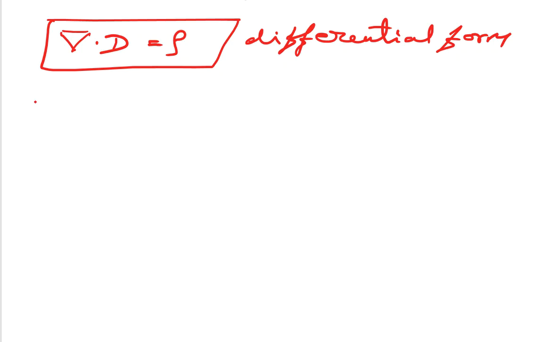Now we will derive Maxwell's second equation, derived from Gauss law of magnetostatics. Here we will start deriving the second equation from Biot-Savart law.